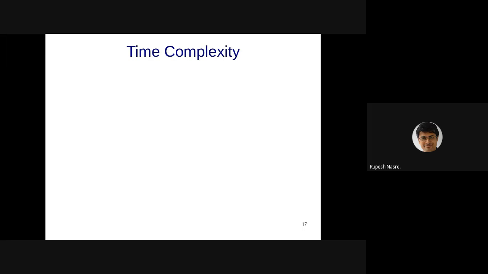Yes, so n is a variable which is going to govern the height. So in the sense that order h is going to be in the worst case order n. However, order n is not always the case, right?